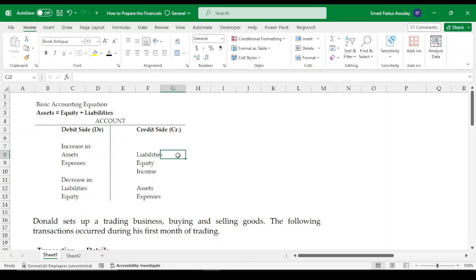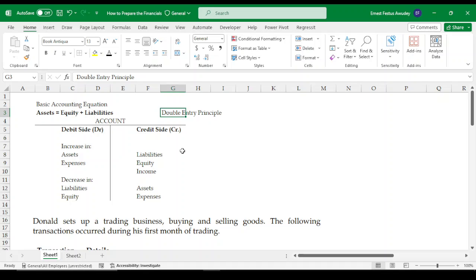Now, let's talk about the rules. These rules are what we call the double entry principle. Now, this double entry principle states that for every transaction of a business, there is a debit entry and there is a corresponding credit entry. So I'll come again.